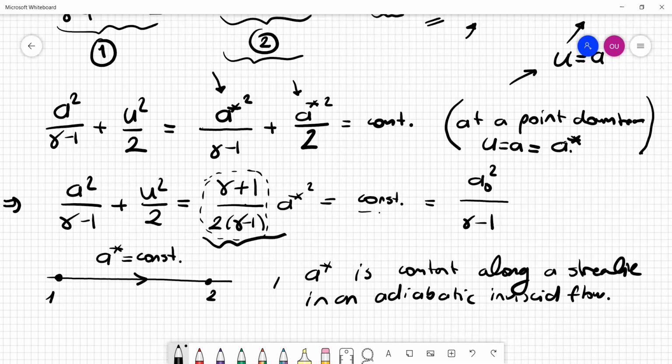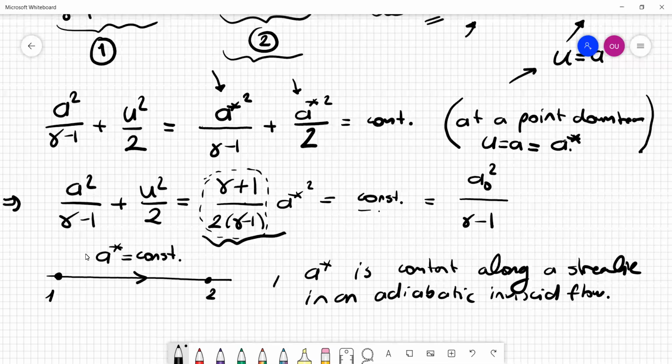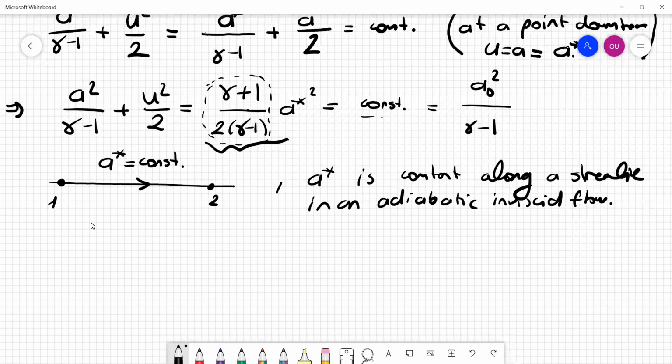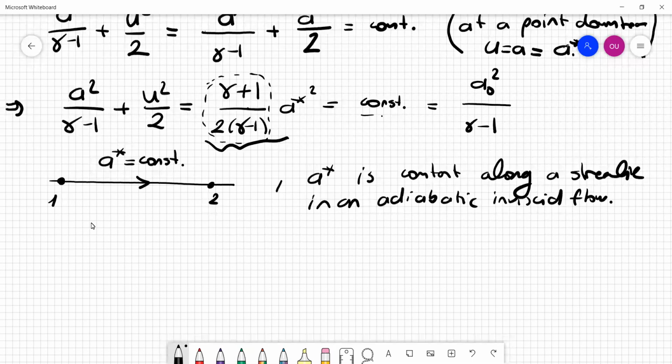So we know that. And similarly, you can also see a0 is also a constant, right? Using the same arguments, you can also say a0 is also a constant. So these are important properties because we would like to relate the shock downstream conditions to shock upstream conditions.